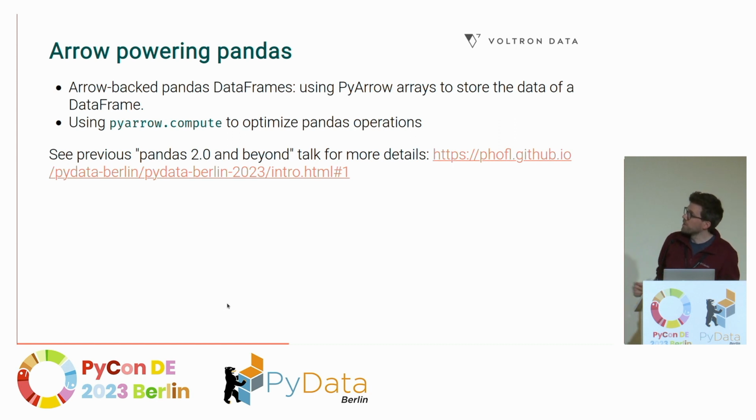Another example of where Arrow is being used as a compute engine as well, improving data frames, is pandas. So on Monday, Patrick showed a bit how pandas is starting to use Arrow under the hood. And yeah, you can find more details in that talk.